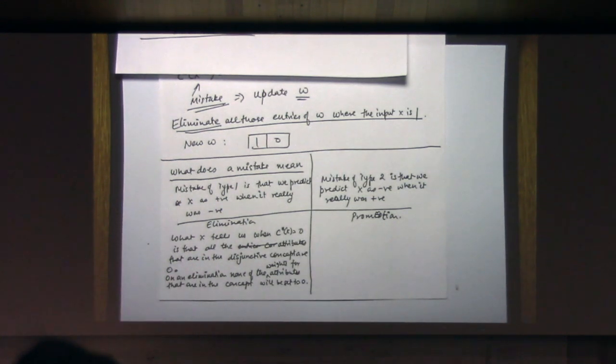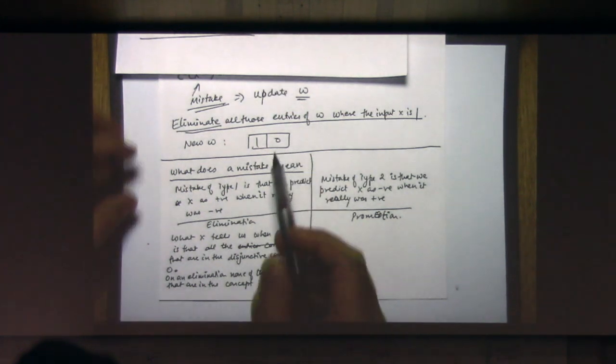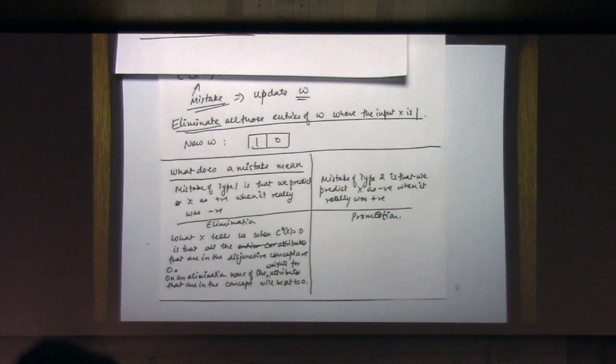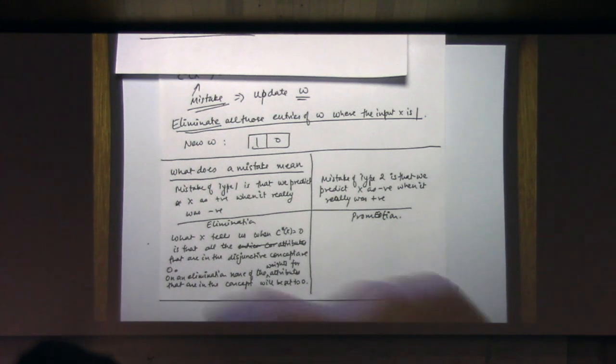You see what I mean? Because these entries will not be in the concept, so all of them are already 0. You are applying this rule that only makes those entries 0 which are 1. Since this is a negative example, I would never make 0 any entry which is part of the concept, because if it were part of the concept, this would not have been a negative example.